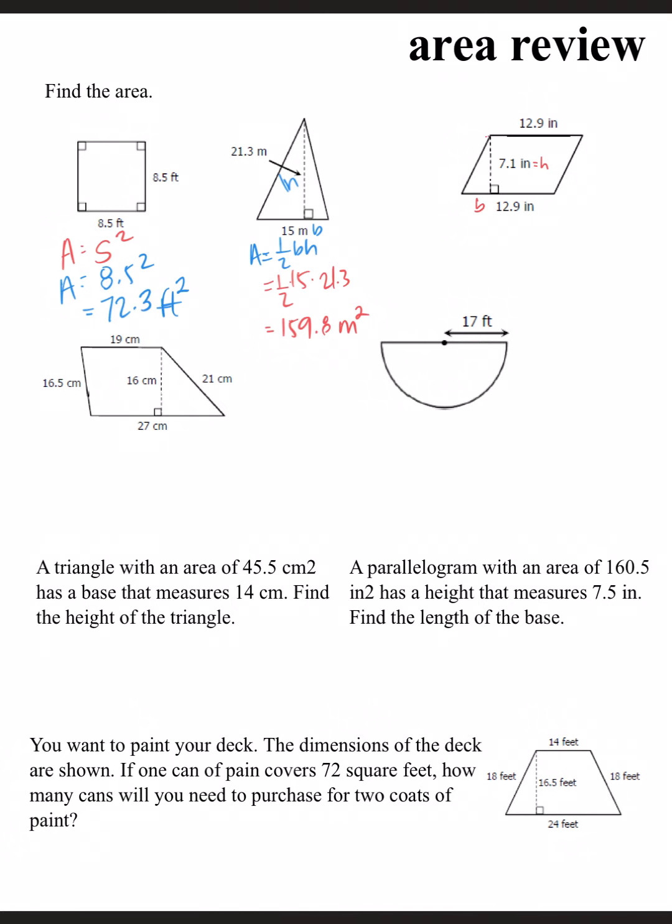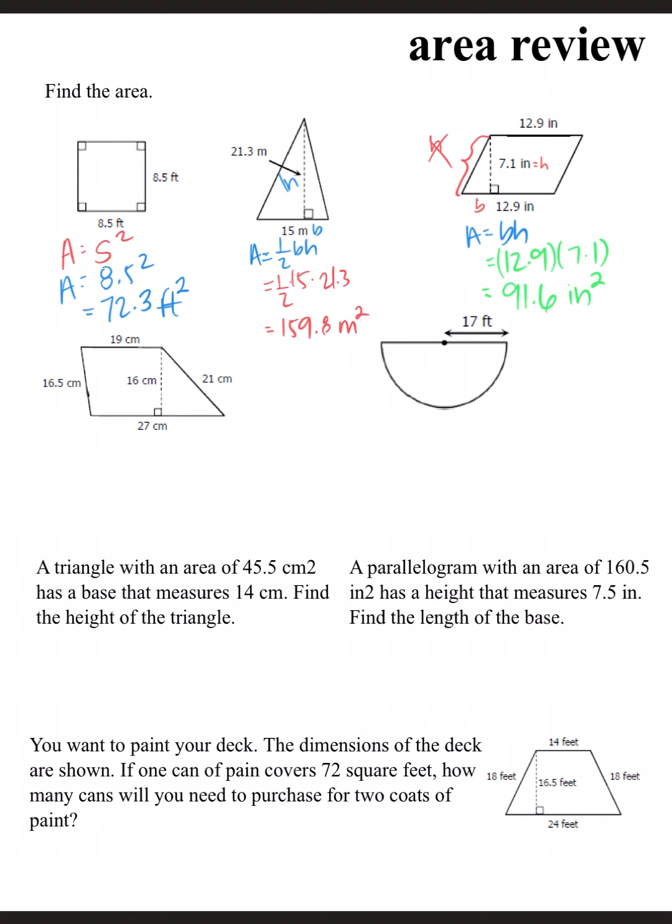Note on this one, if this side had been given, that would not be our height, okay? So area equals base times height, so 12.9 times 7.1. The math on that is 91.6 inches squared.